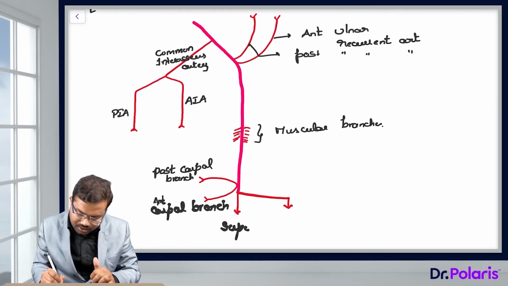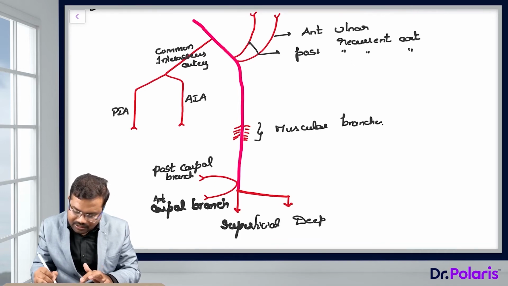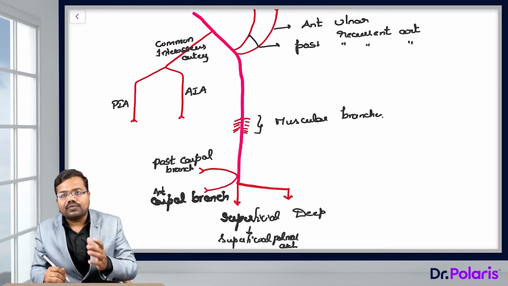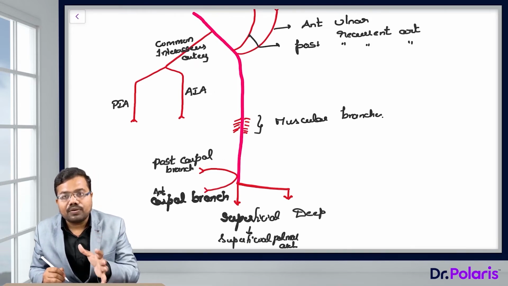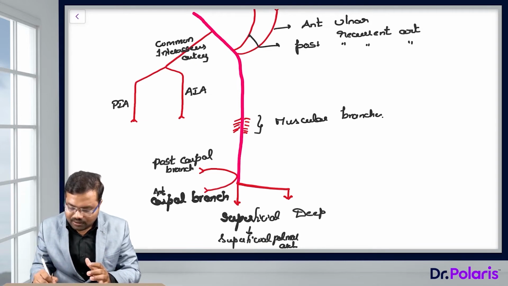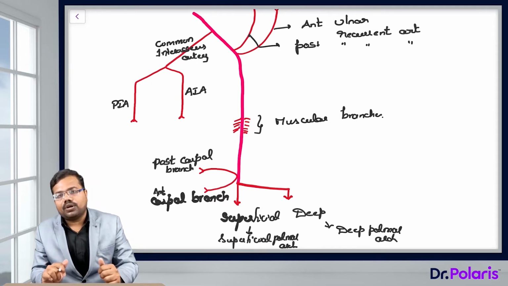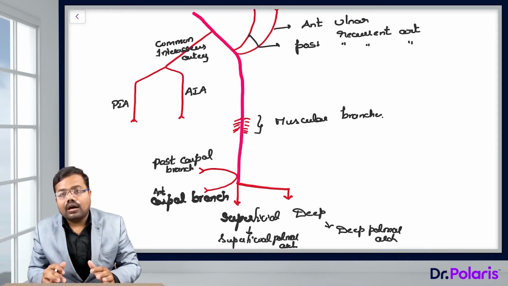The superficial branch will be forming the superficial palmar arch, and the deep one will be joining as the deep palmar arch, which is present in the palm. Okay, so that's about these branches.